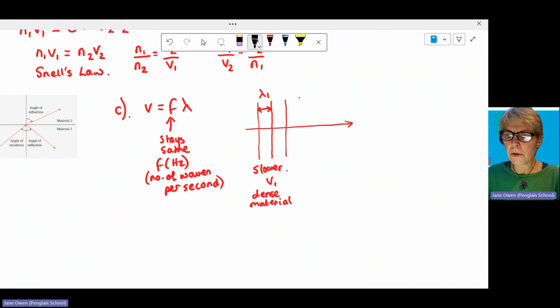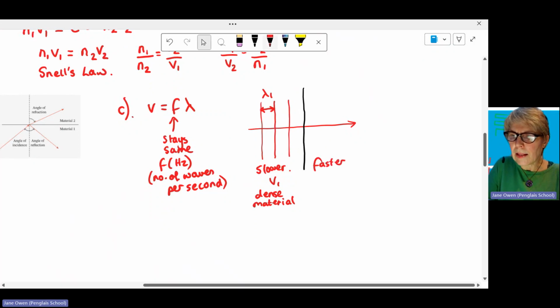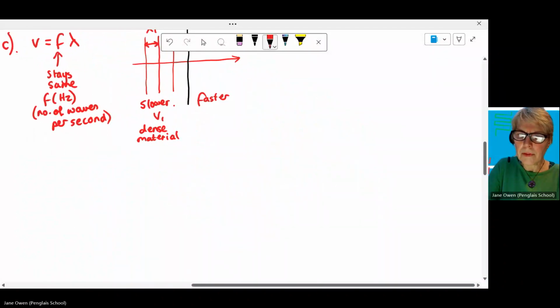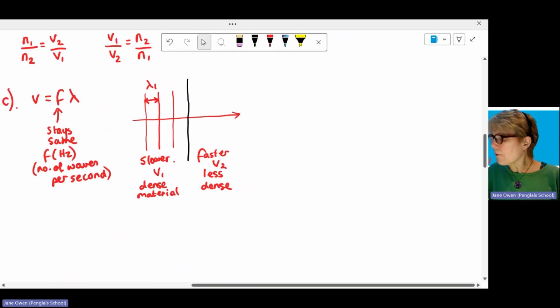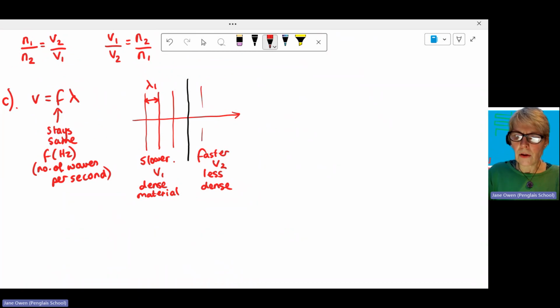So the boundary I'm going to just put in black, and then it's going to carry on from a dense material into a faster, less dense material. So therefore it has a different speed, V2. And because it's going faster, the wavelength will elongate. So it'll go from smaller, where it's shallower, to much wider apart.